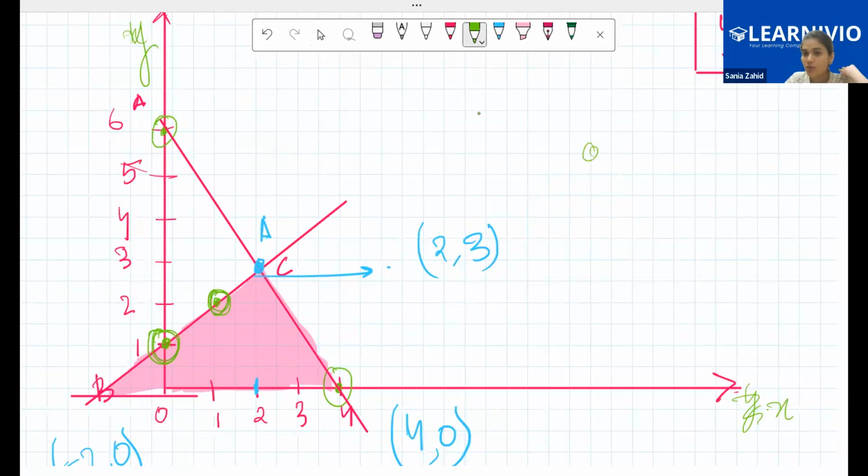Now what did you do? First point was 0, 1. Where have you marked this point? I marked 1, 0. No, so that's incorrect. Change it. Okay.